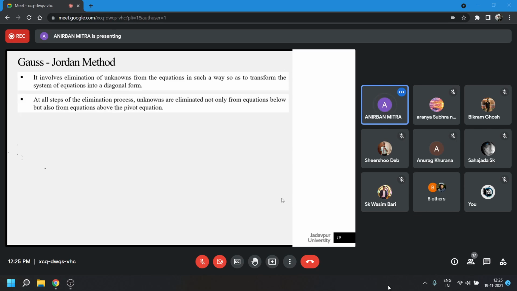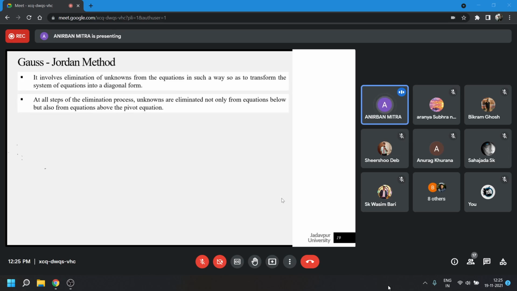Now here, the steps of the elimination process are quite the same. You have a pivot equation. With the help of that pivot equation, you modify the other equations. But the difference is that we not only modify the equations below the pivot equation, but also the equations above the pivot equation.